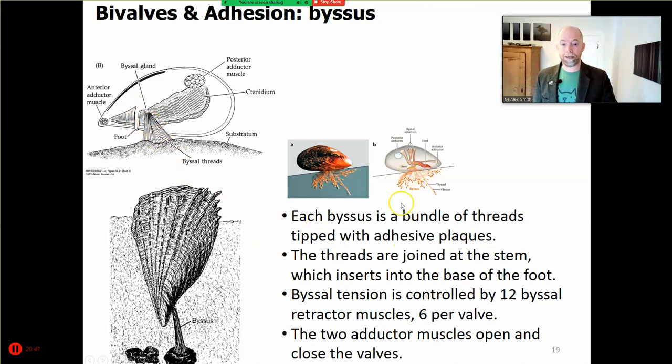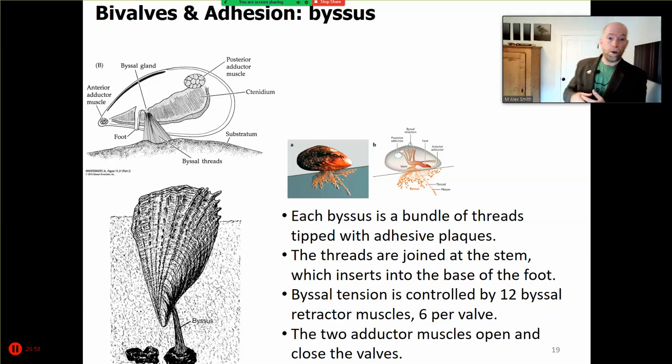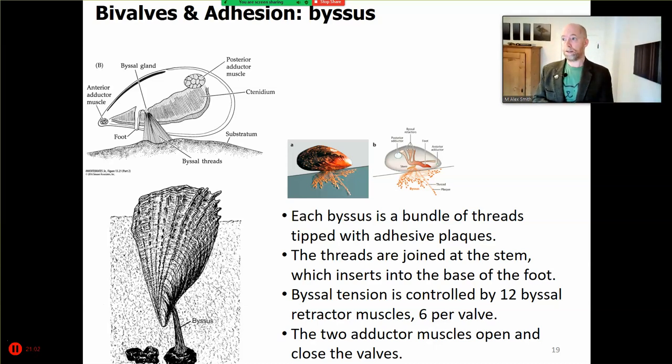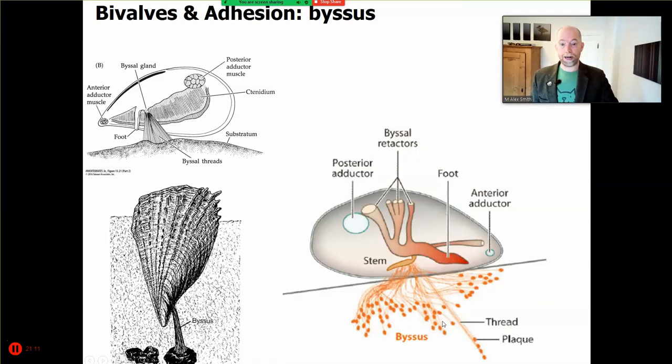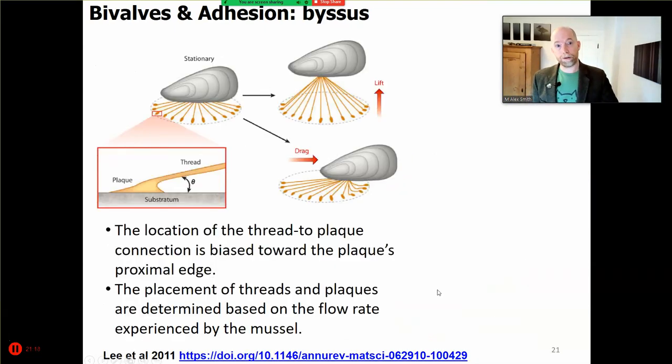Each byssus is a bundle of threads tipped with little adhesive plaques. And there's tension, so they can change the angle they're sitting at according to where the force is coming from, potentially with different tide levels in the ocean. And these different byssal threads and their adhesive plaques are then laid down, sent out, and attached right onto the rock.